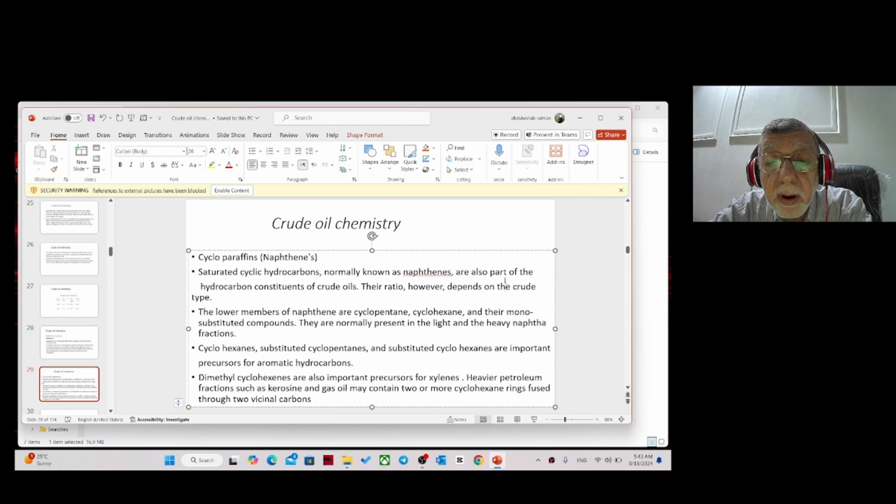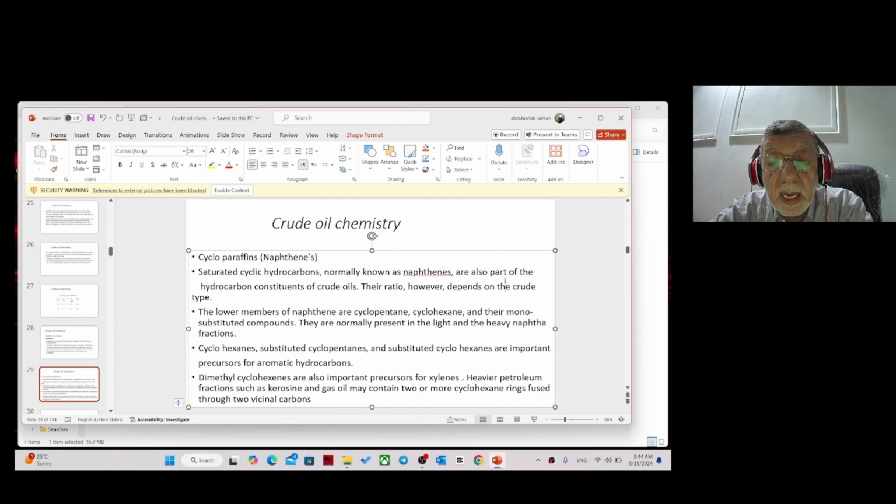The lower members of naphthenes are cyclopentane, cyclohexane, and their mono-substituted compounds. They are normally present in the light and the heavy naphtha fractions.